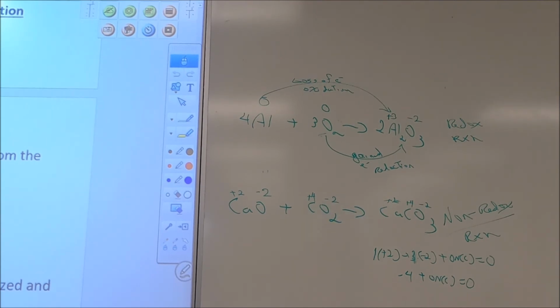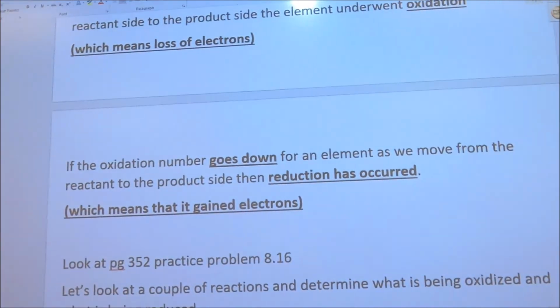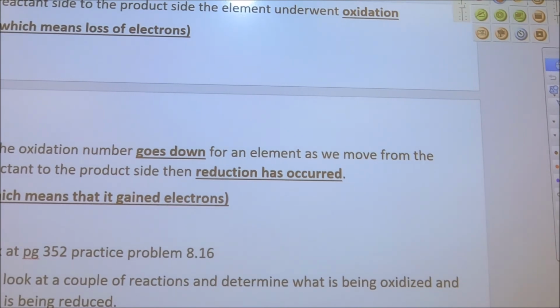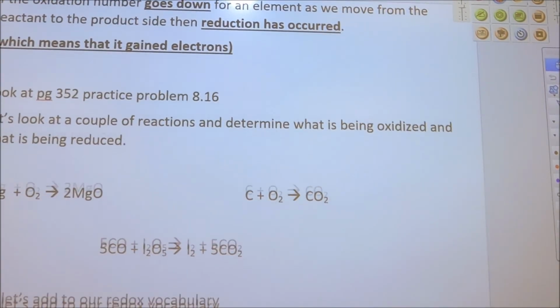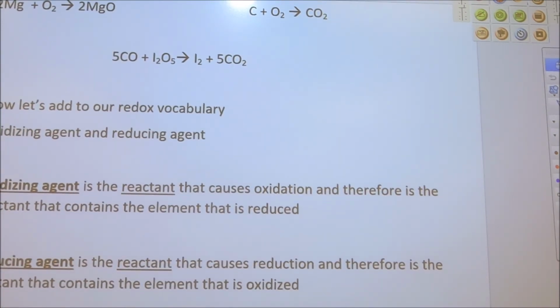Now, a couple more terms that we need to throw in when we're talking about redox chemistry. We're going to use the term oxidizing agent and reducing agent.